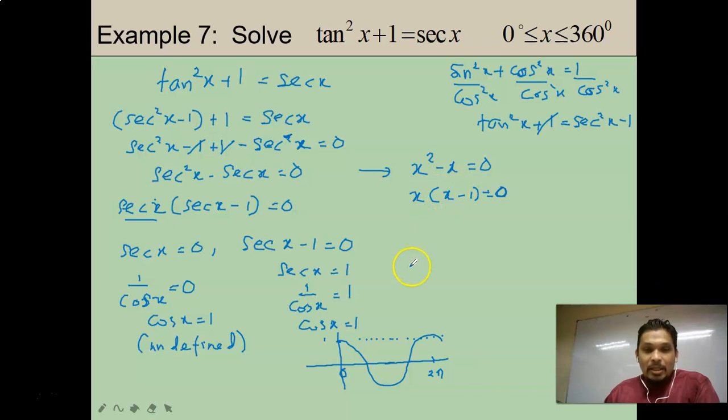So x equal to 0, which is 1 here, and 2 pi, which is 0 degree and 360 degree.